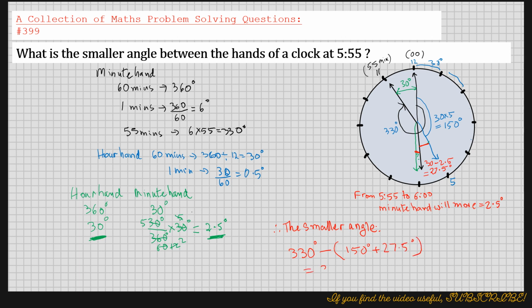That is 330 degrees minus 177.5 degrees, and that gives us 152.5 degrees, and that is the correct answer. So the answer is 152.5 degrees, and that's the smaller angle.